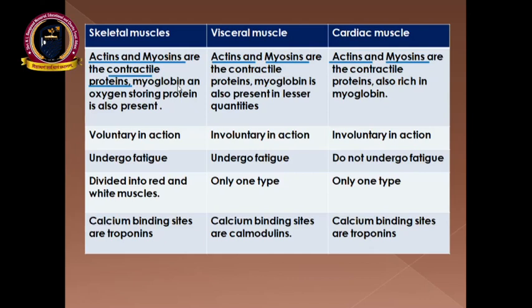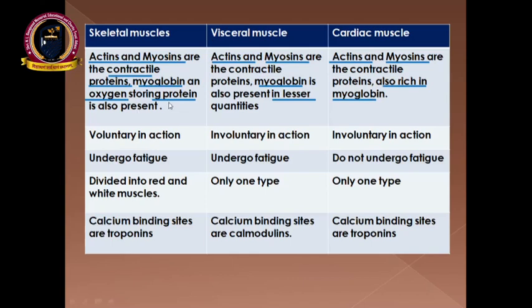Myoglobin is another protein, a red colored protein similar to hemoglobin, and thus stores a lot of oxygen. So it is an oxygen storing protein, found in all the muscles, but in more quantities in some skeletal muscles and in lesser quantities in the visceral muscles, and again rich quantities of myoglobin you find in the cardiac muscles also.